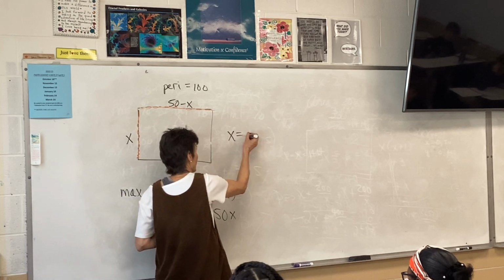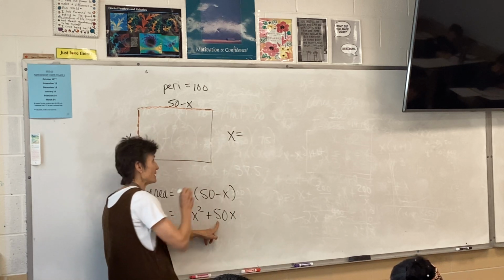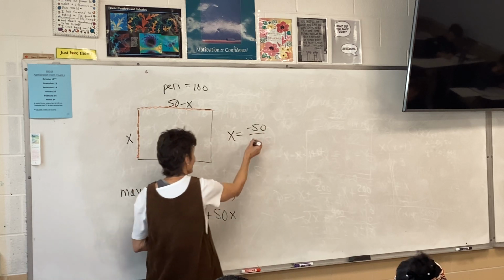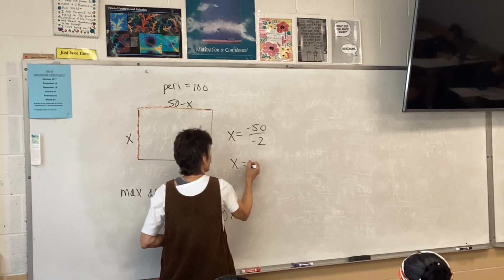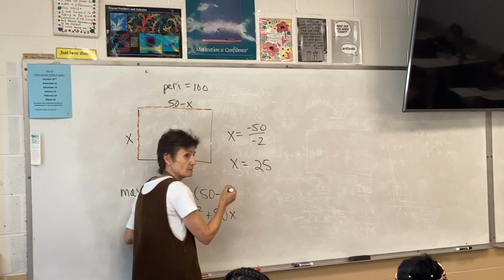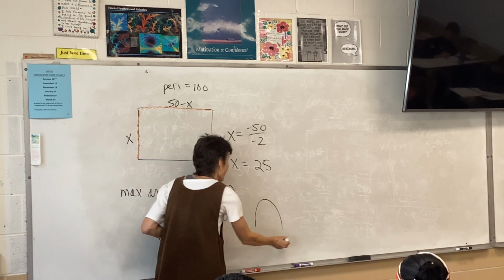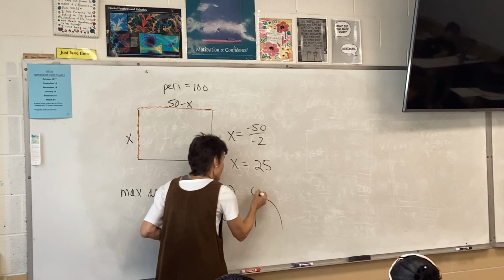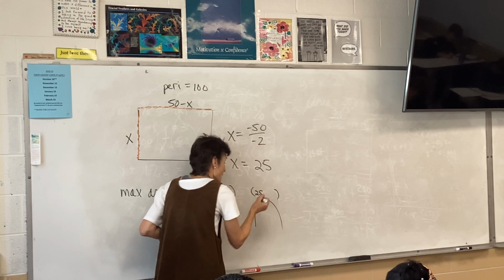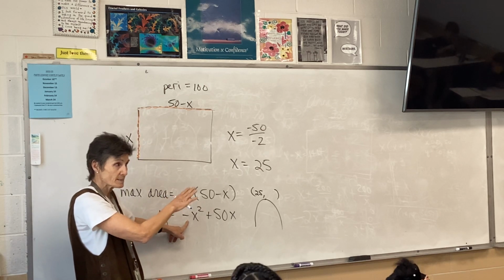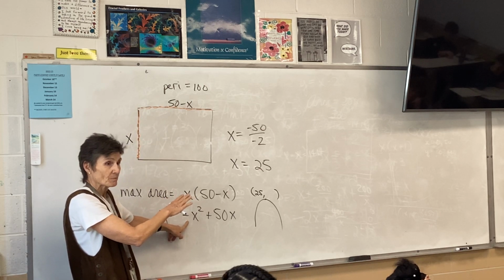So x equals negative b over 2a, so 25. So my parabola has a vertex, and the x-coordinate's 25. Remember this from your notes, guys? This is what you did in your notes.